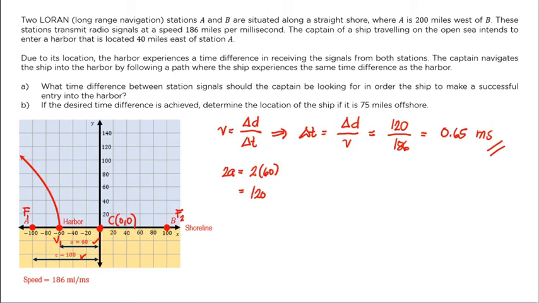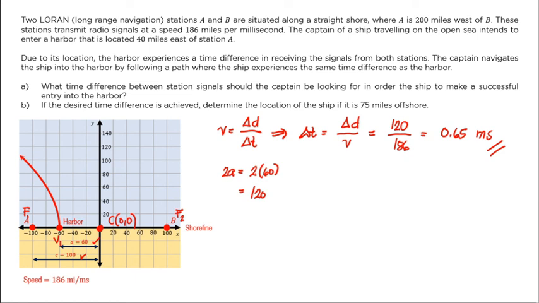So I hope you can follow. Okay? So let us now proceed to letter B. If the desired time difference is achieved, so we have now the time difference, which is 0.65 milliseconds. So we will still follow this path, or meaning this hyperbola. Okay?